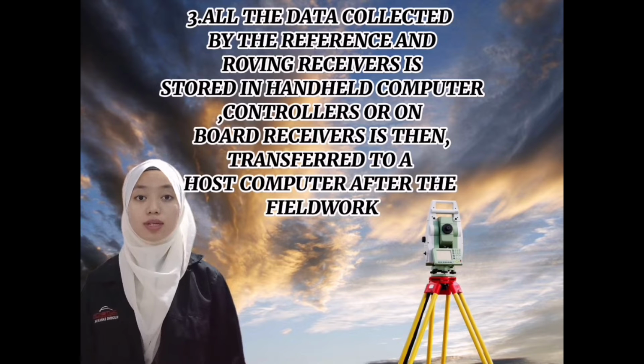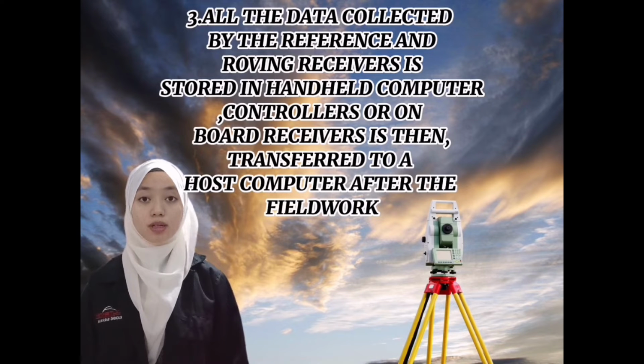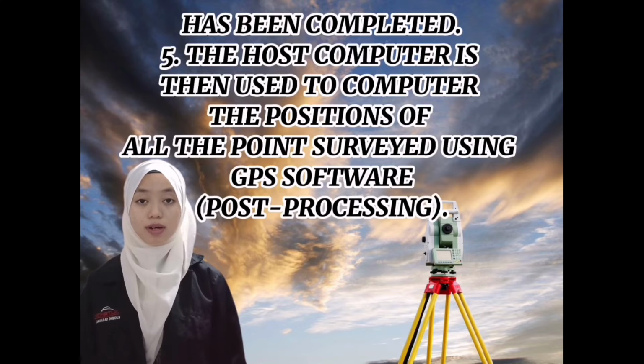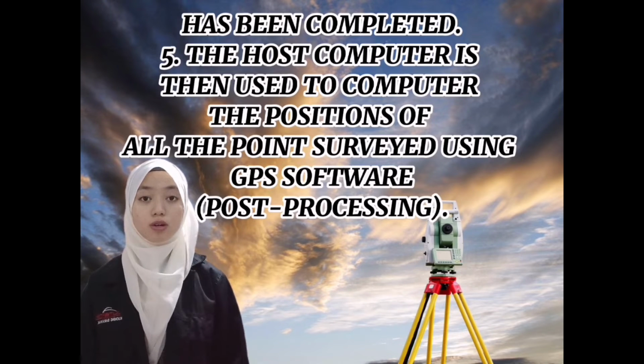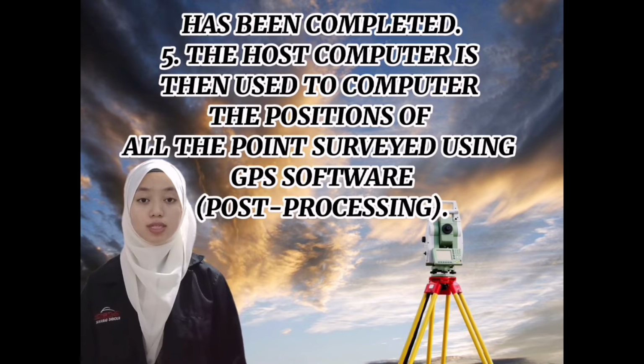Fourth, the data is then transferred to a host computer after the field work has been completed. Fifth, the host computer is then used to compute the position of all the points surveyed using GPS post-processing software.